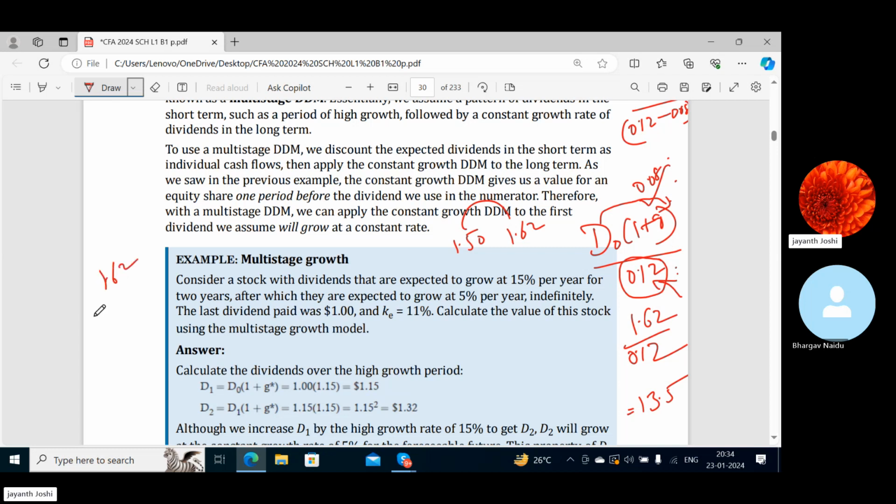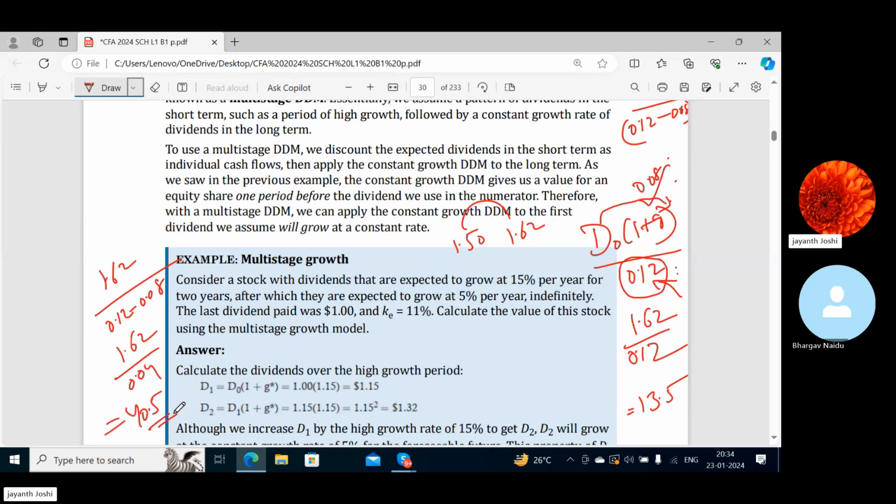So 1.62 divided by 0.12 minus 0.08, which is 0.04. Now you just do the calculation, and you will get the stock value as 40.5. So the reason we subtract the growth factor in the denominator is clear.